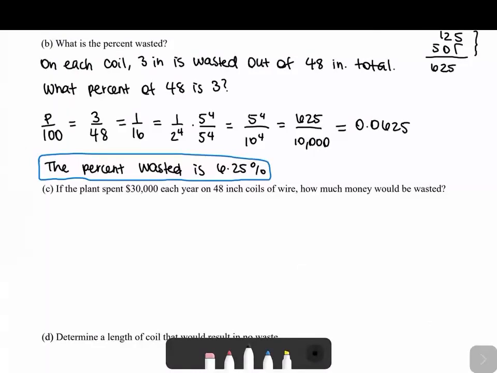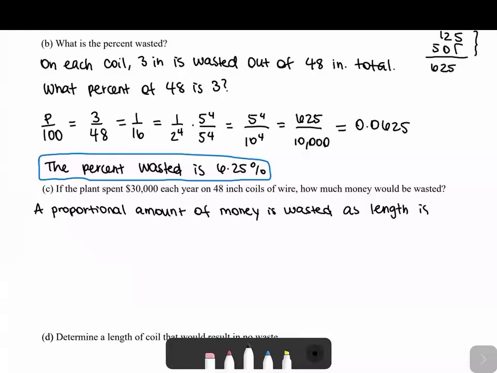So I'll write that down: a proportional amount of money is wasted as length is wasted.